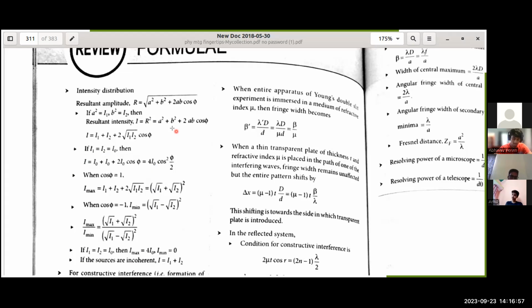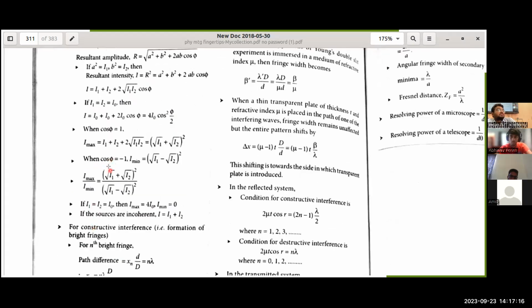It's twice. But in wave optics, the waves can constructively or destructively interfere and can give you anything from 0 to 4 times I0. We will see how that happens later. Now, after some formulas, we'll do some problems today.